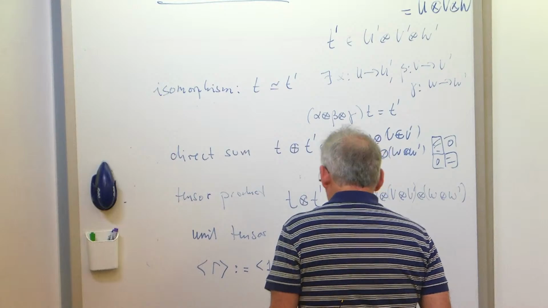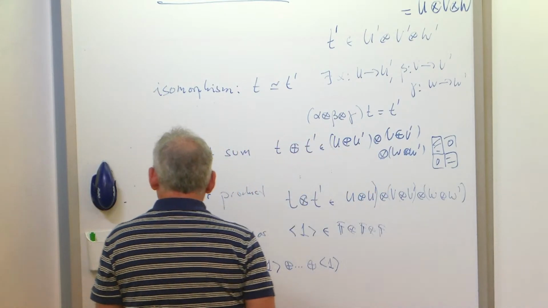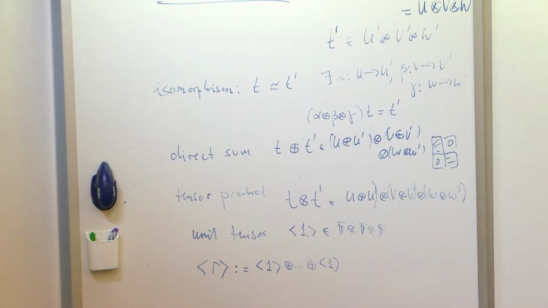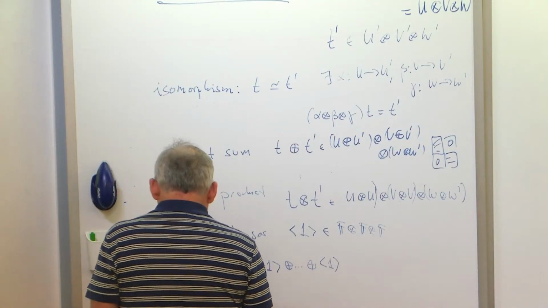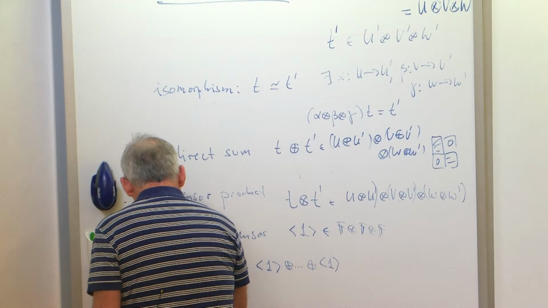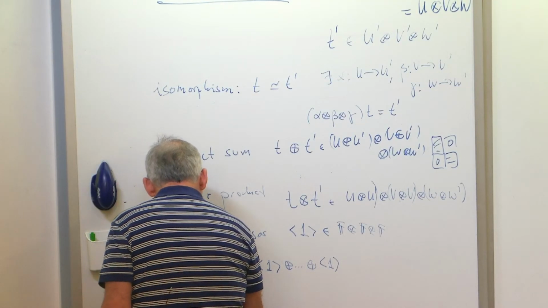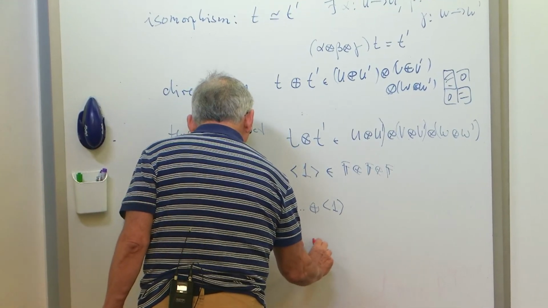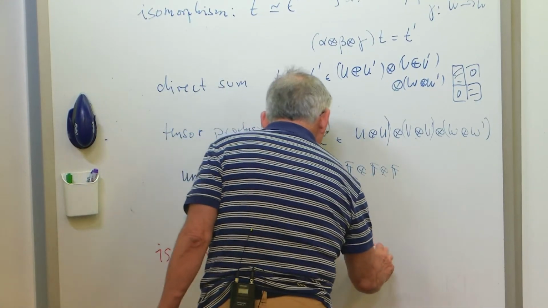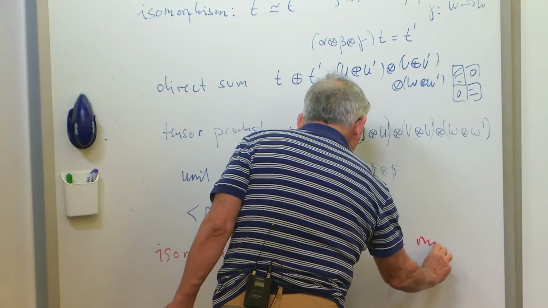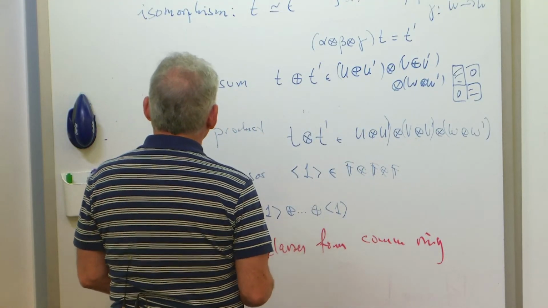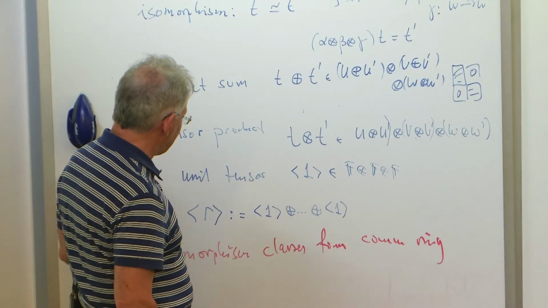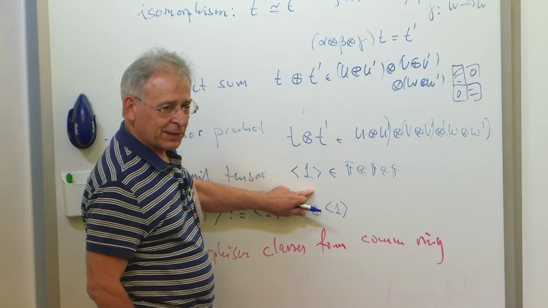Good. What is important now is that these isomorphism classes of tensors form a commutative ring, because the direct sum is the addition, the tensor product is the multiplication, and you also have a multiplicative unit.